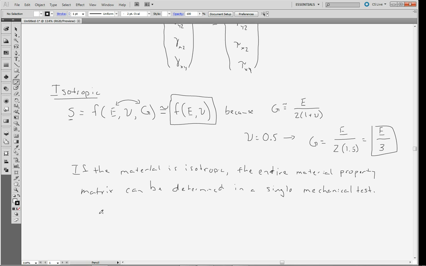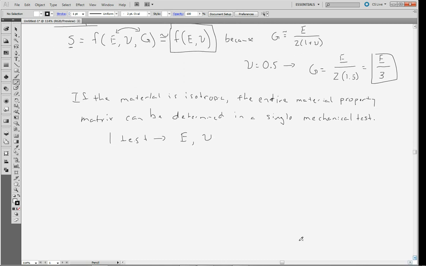Because in one test, we can calculate the elastic modulus and the Poisson's ratio, and from that we can define the entire material property matrix. So what is the material property matrix for an isotropic solid?